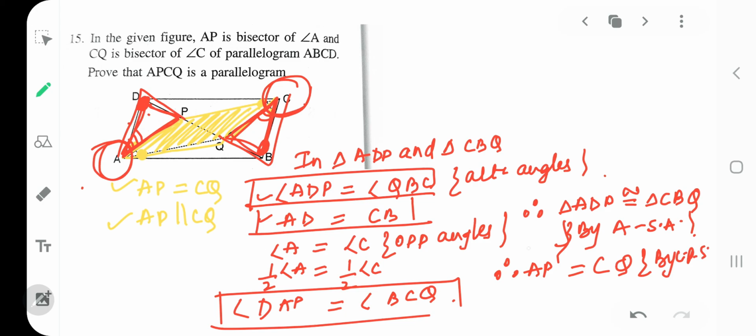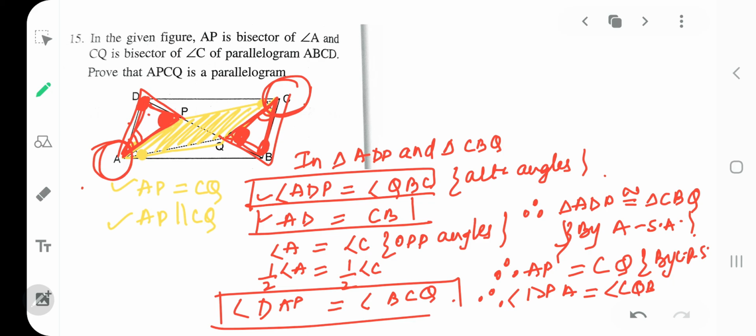And you can also write, therefore, angle DPA is equal to angle CQB. That means this DPA and CQB.